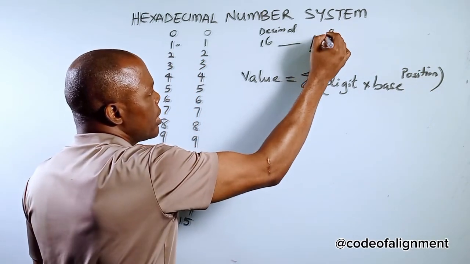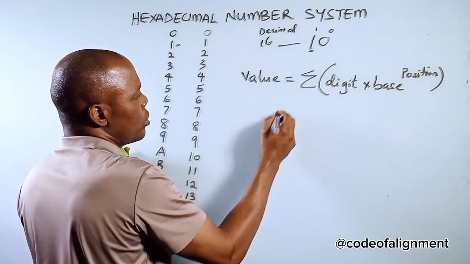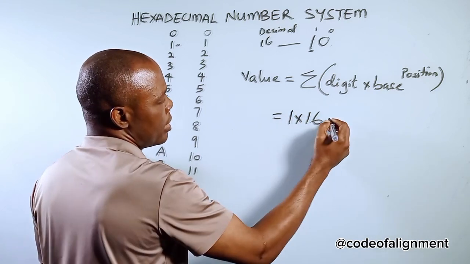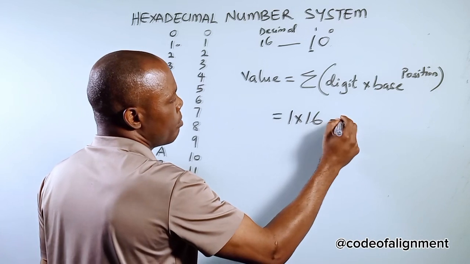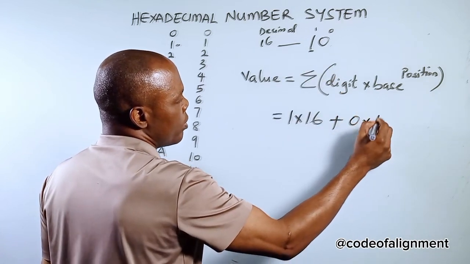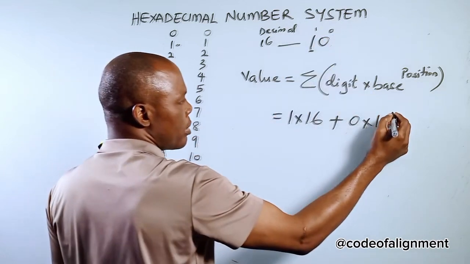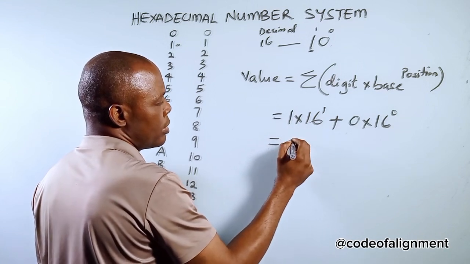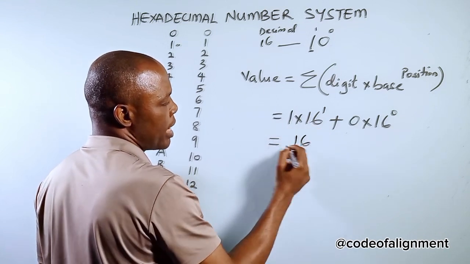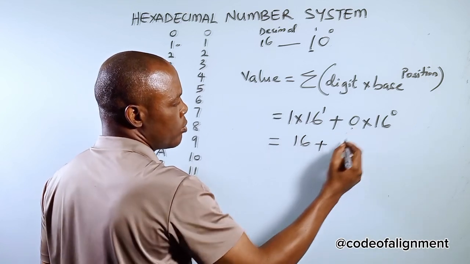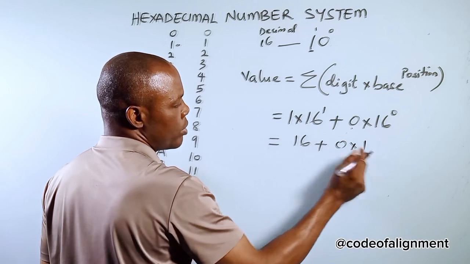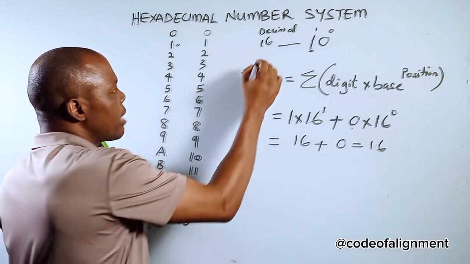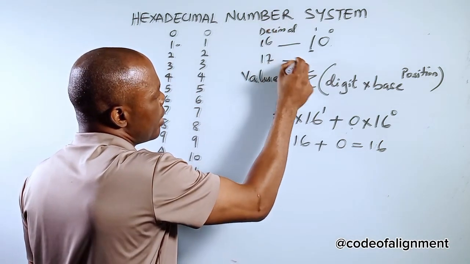So this is position 0, this is position 1. So the sum is 1 times 16 to the power 1, which is 16, plus 0 times 16 to the power 0, which is 0 times 1, which gives us 0. So plus 0, this is 16.